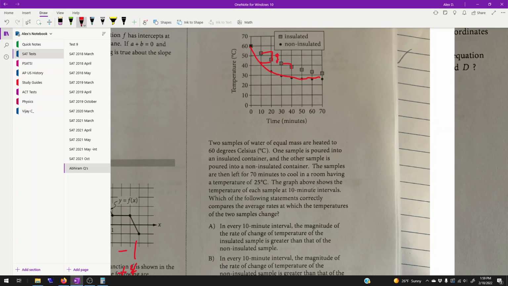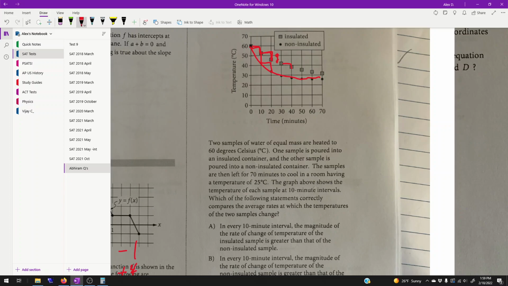And the temperature change here is clearly much greater than the temperature change here, especially as you compare that first drop. That first drop is much more significant.